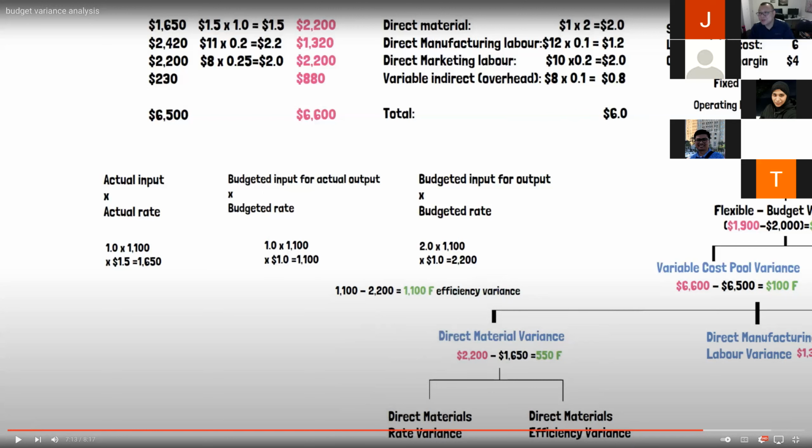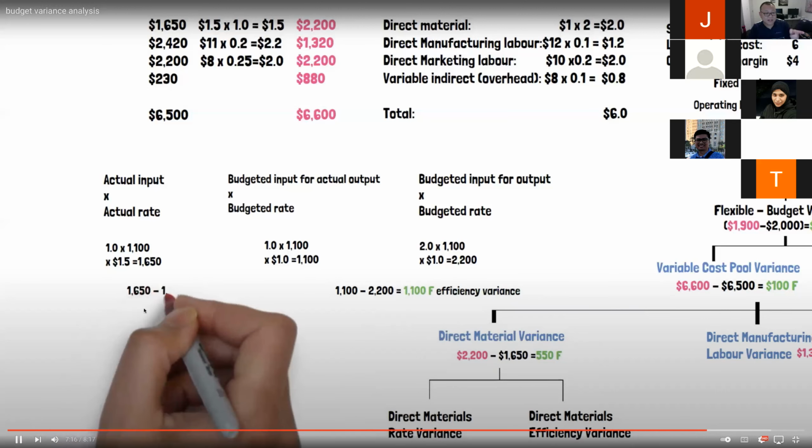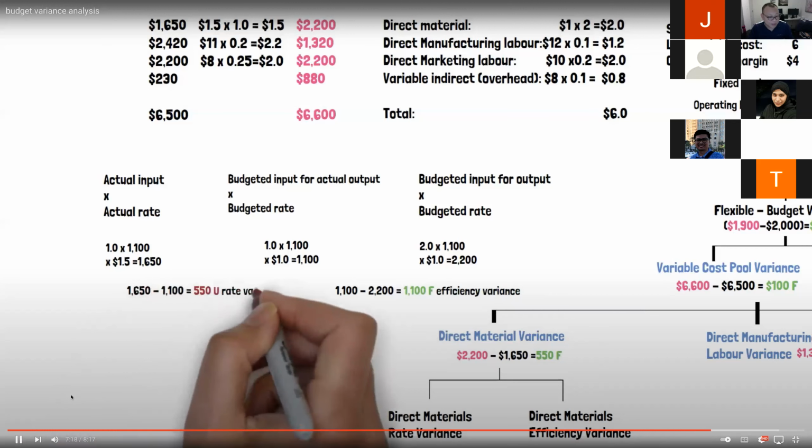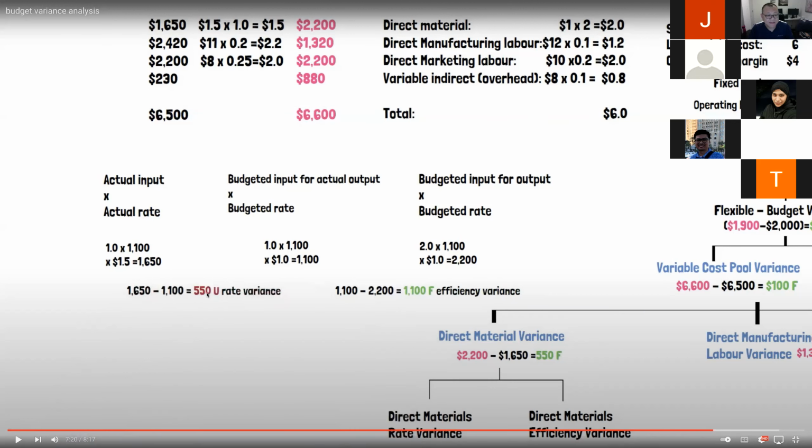So the actual rate is higher. If the actual rate is higher than the budget rate, are you going to have a favorable or unfavorable rate variance? Unfavorable, right? So then you take the difference, 1650 minus 1,100, and you have a 550 unfavorable rate variance.